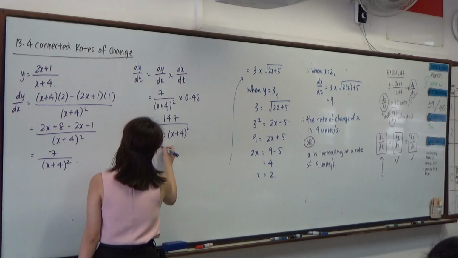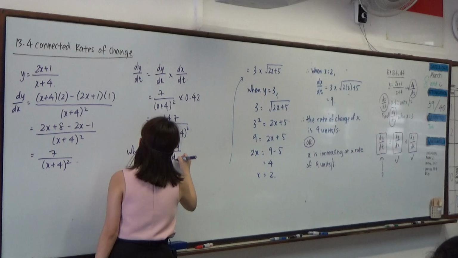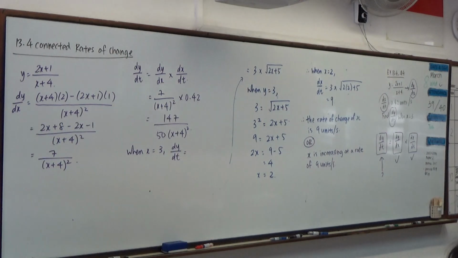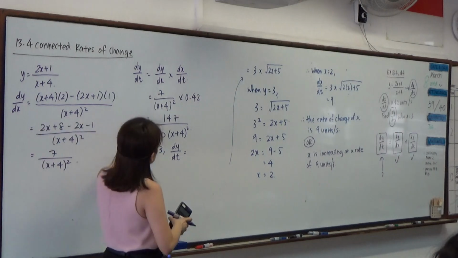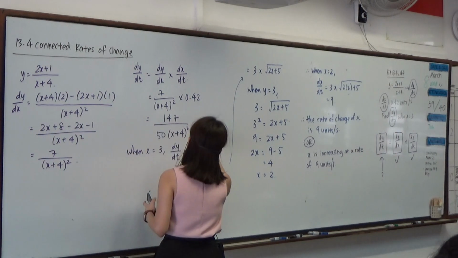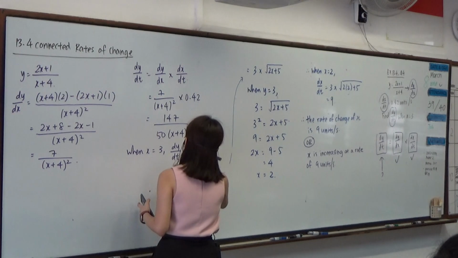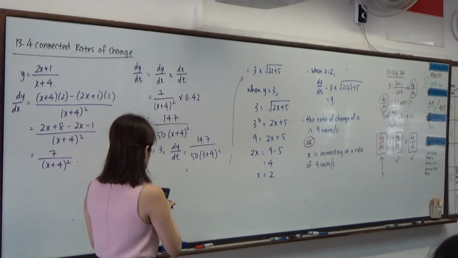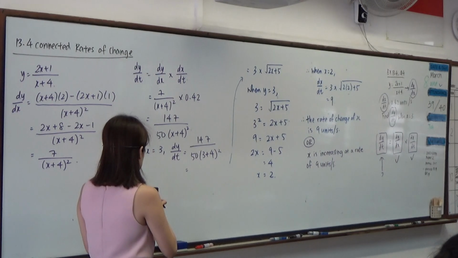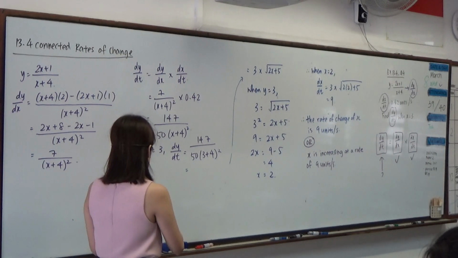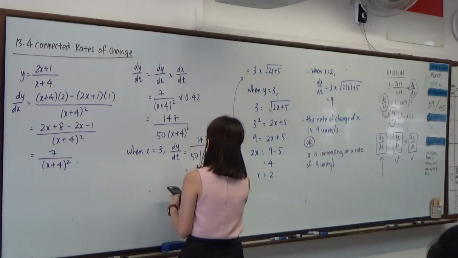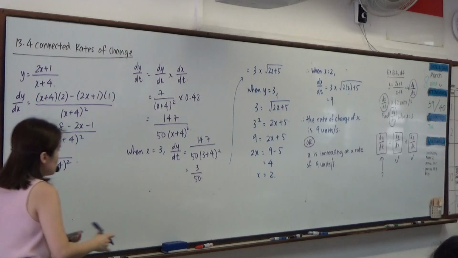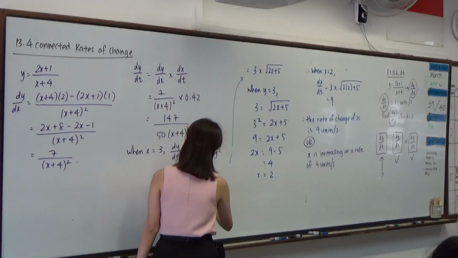When x is equal to 3, this one has fewer steps since we're given the x value already. I simply have to substitute it into your dy over dt, and we'll get 3 over 50, or you can leave your answer as 0.06.